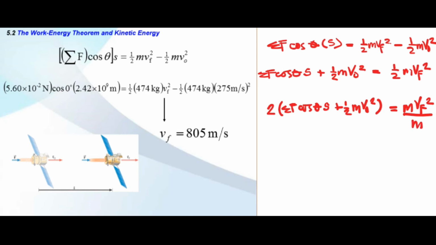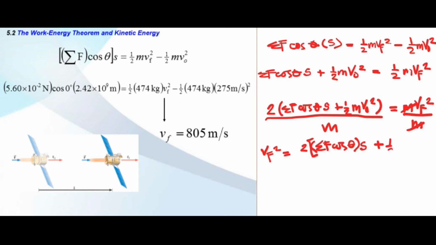We divide this by m, cancel, so we have vf squared is equal to 2 times the quantity summation of forces times cosine theta times s, plus, it's the whole quantity, plus 1 half m v initial squared, all over m.